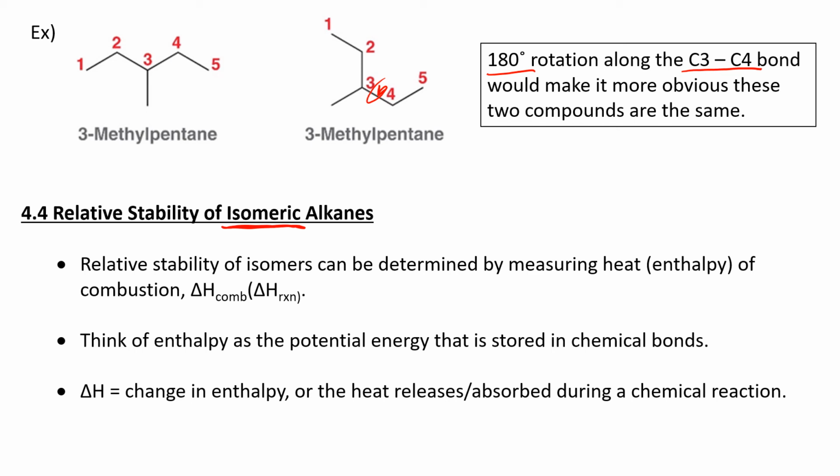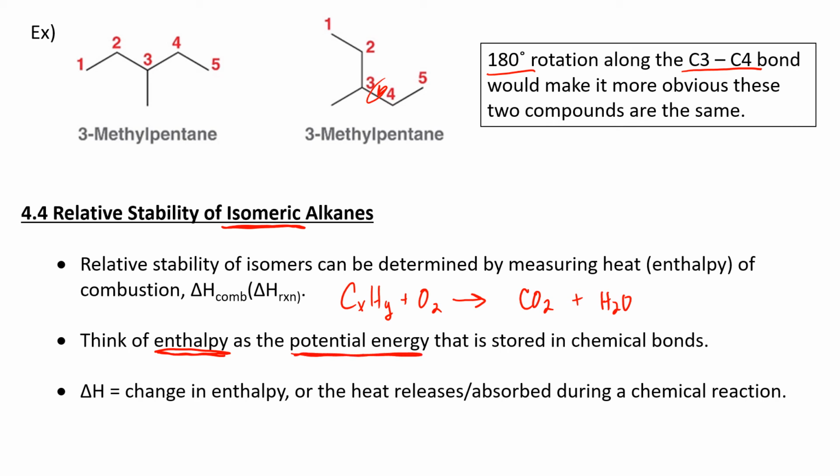So you should know that any hydrocarbon, C something, H something, can be combusted to produce CO2 and H2O. This is the reaction that's typical for all complete combustions. So we can think of the enthalpy, which we're going to measure, as the potential energy that's stored in the bonds.